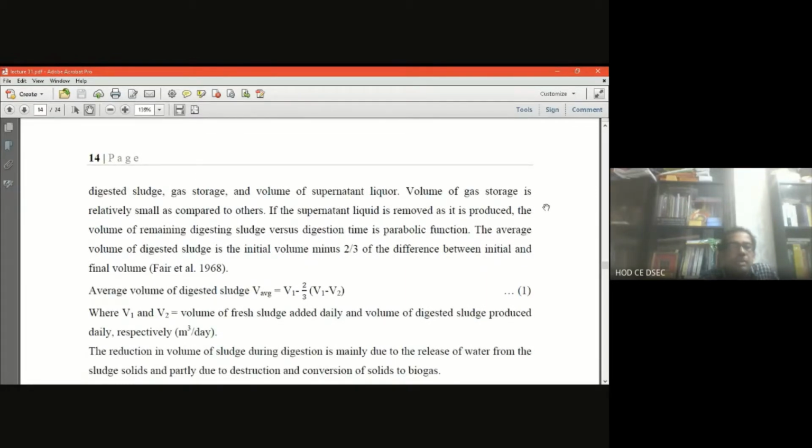Now the volume of gas storage is relatively small as compared to the others.